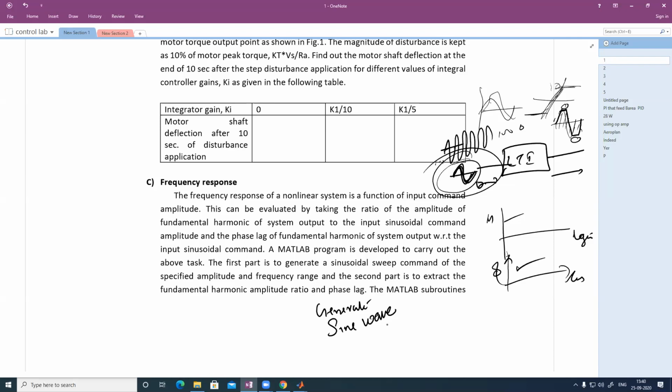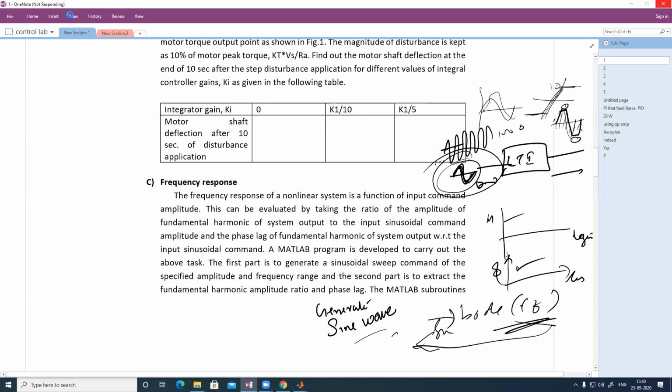For a linear system, if you type Bode of this transfer function, you will get the transfer function Bode response, because it is supplying the sine wave here, taking the response and plotting this one. Yes, sir. For a non-linear system, you have to generate a sine wave, means at the input we have to generate the sine wave.